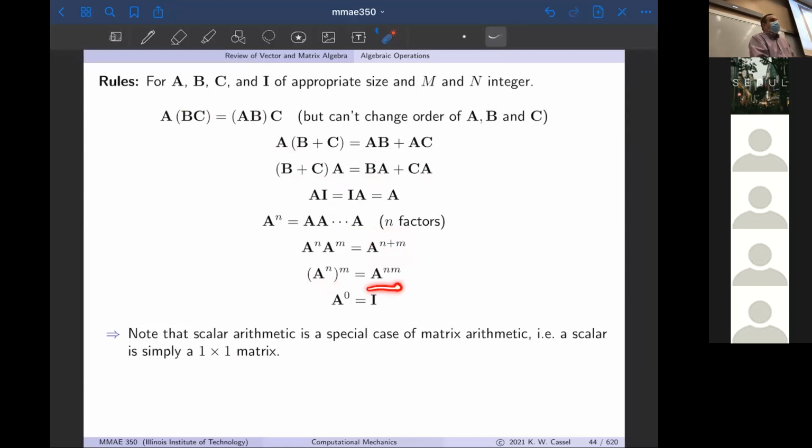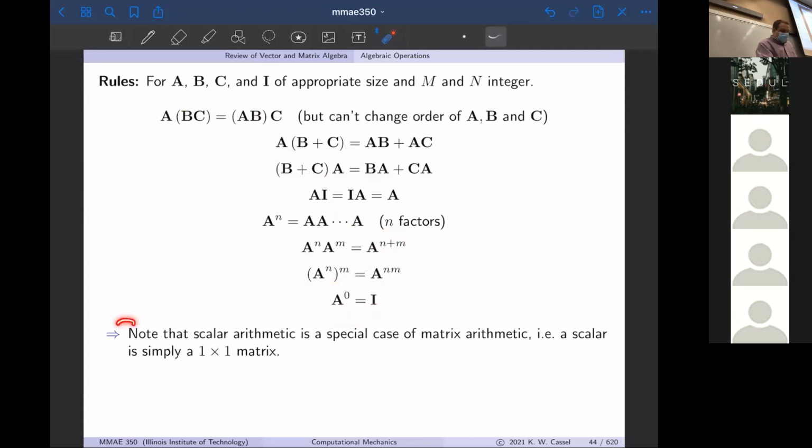Again, just like for scalars. This one's a little harder to see, but it turns out it's the same as for scalars. A to the power 0, just like a number to the power 0 is 1, a matrix to the power 0 is I, which again is just the matrix version of 1.